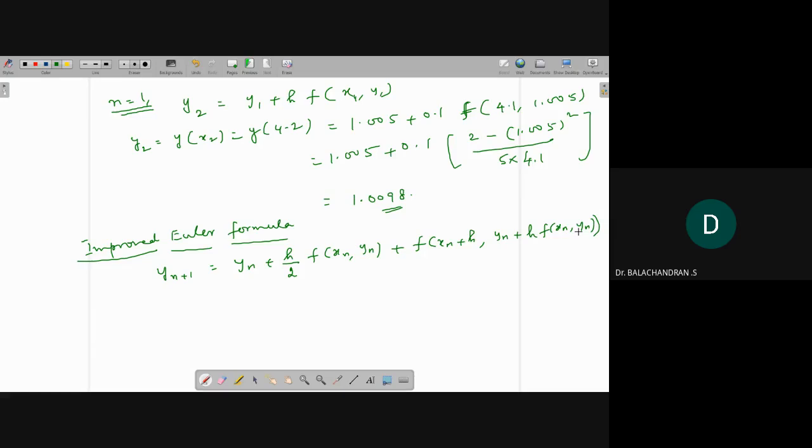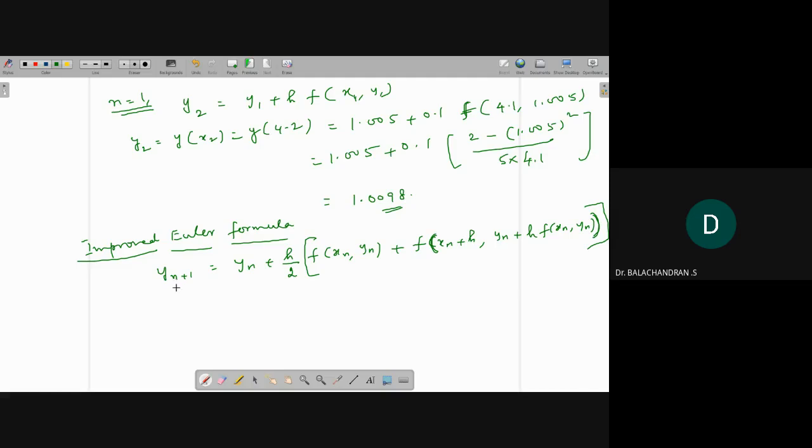Find y1, but there is a bracket here. It's h by 2 into f of xn comma yn plus f of xn plus h comma yn plus h into f of xn comma yn. For here you have a bracket, for this bracket and one more bracket I need to do. Now this is correct.